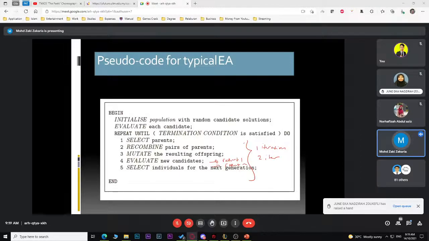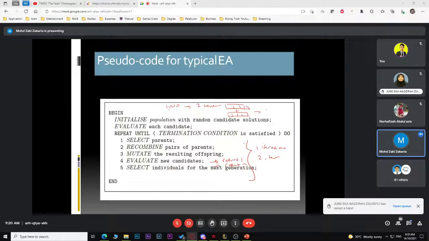Okay, for result number 1, for example, if you have 1,000 solutions, after you evaluate the 1,000 solutions, you pick up, maybe 2, the best from the 1,000 solutions. You can put these 2 solutions as parents, then you do the recombine or crossover.